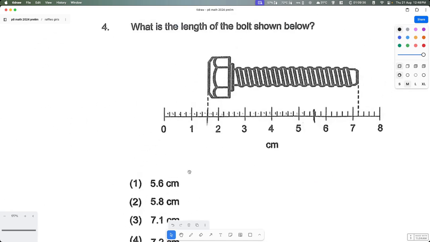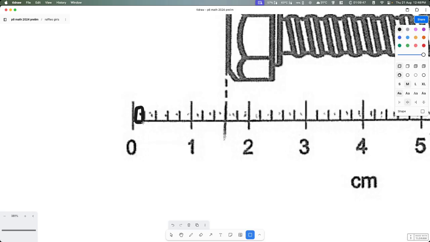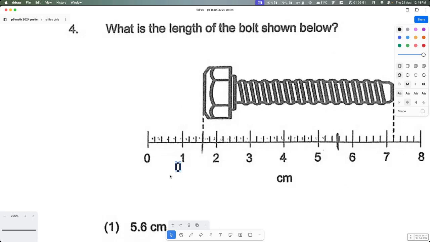Question number 4. What is the length of the bolt shown below? As you can see, we can get the gaps: 1, 2, 3, 4, 5. So we have 5 gaps. Let's write down: 5 gaps is equal to 1 centimeter.